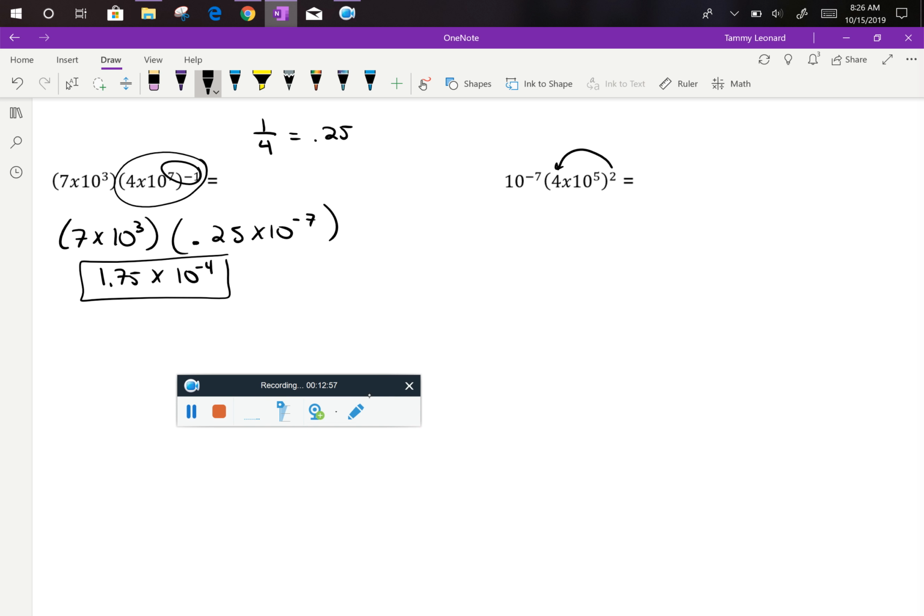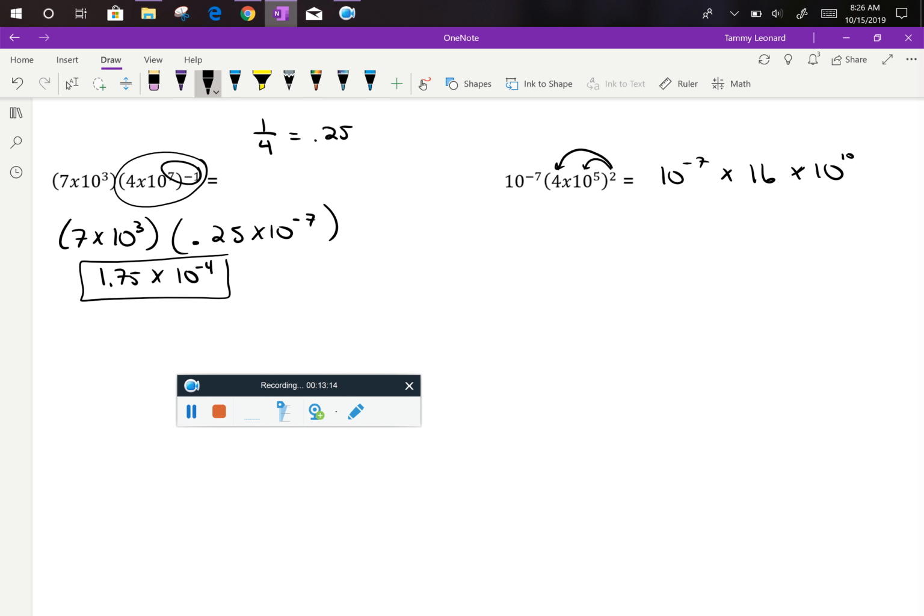So we see that we have 4 squared and 10 to the 5th squared. Well, we have 10 to the negative 7th times, because we didn't do anything with that. 4 squared is 16 times 10 to the 10th, because 5 times 2 is 10.